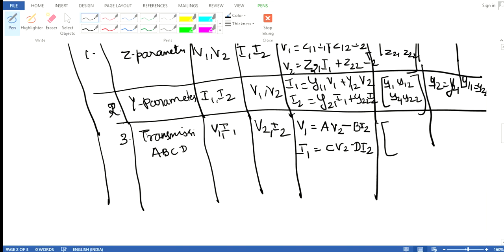Those 4 members are A, B, C and D, followed by the parameter's name, that is your reciprocity.